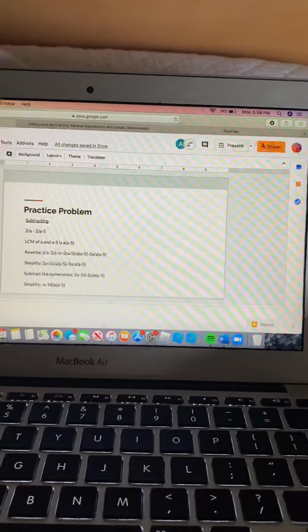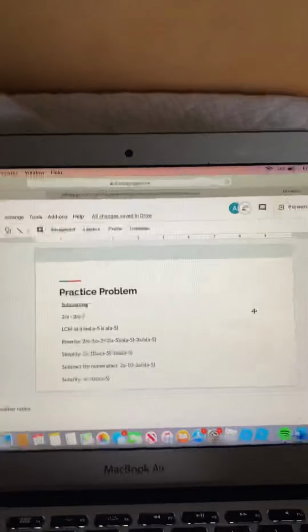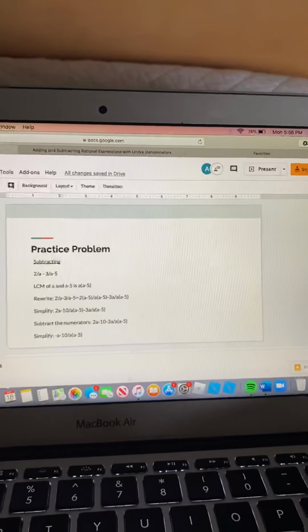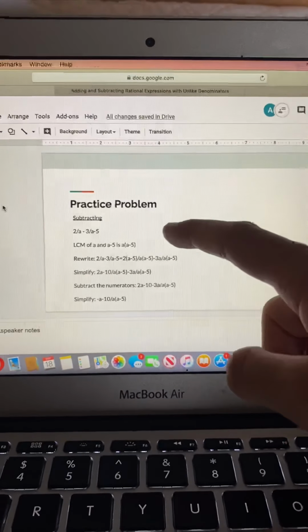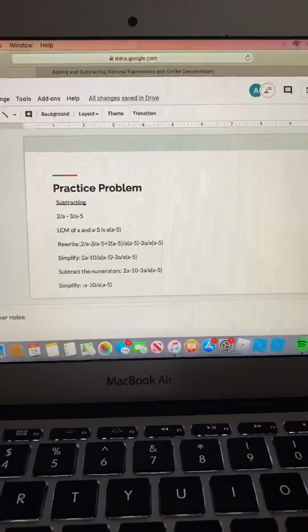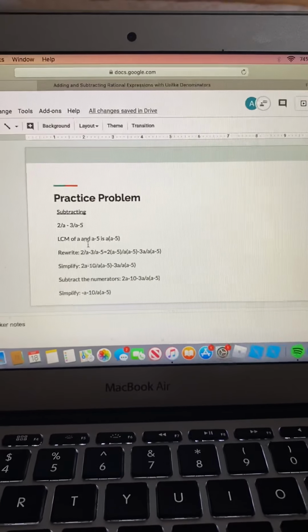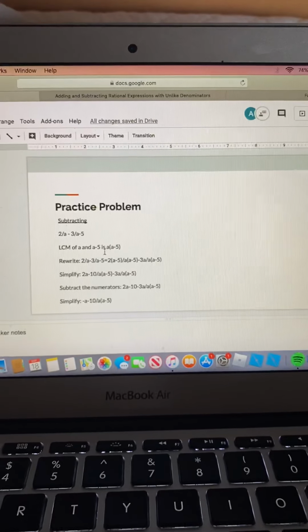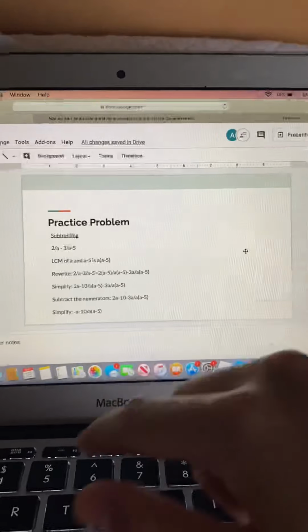Finally, I will go over one of my practice problems that I did, which was subtracting rational equations. So first we have 2 over a minus 3 over a minus 5. Our least common multiple of a and a minus 5 is a open parentheses a minus 5 close parentheses.